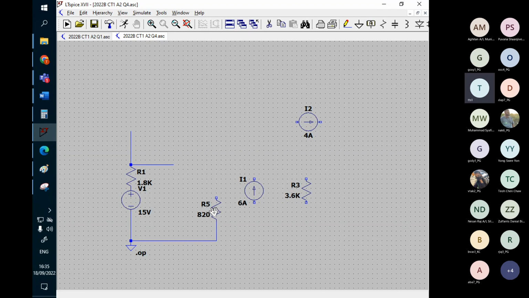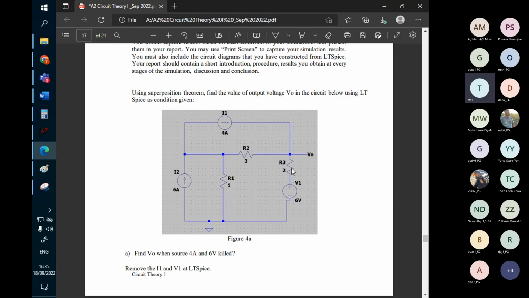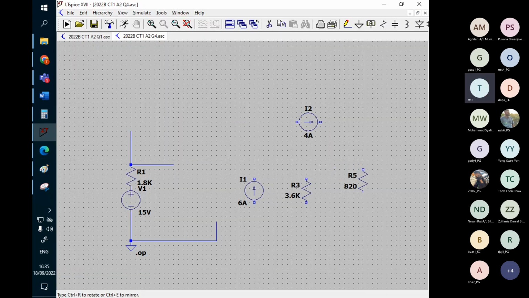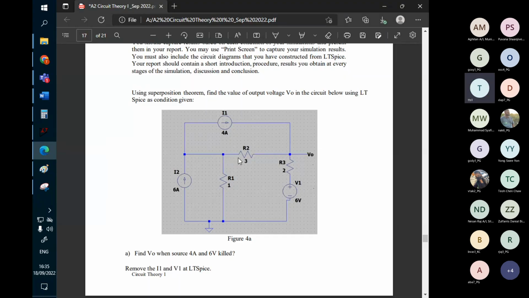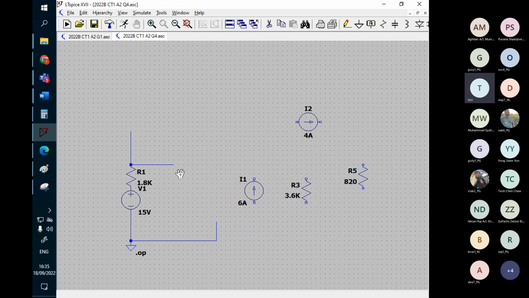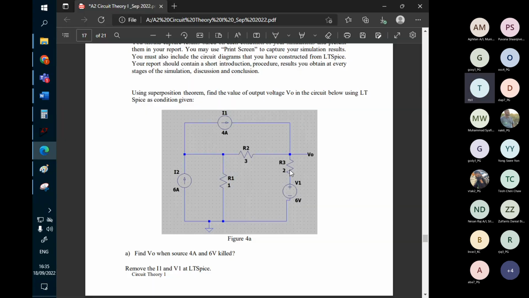And let's borrow another one. Place it here, somewhere near here. Okay, another one is here. Rotate. The thing is near here.